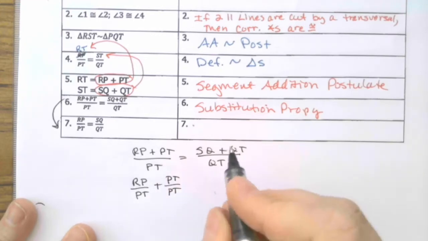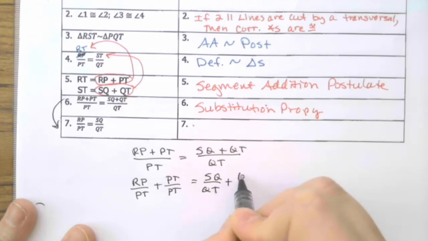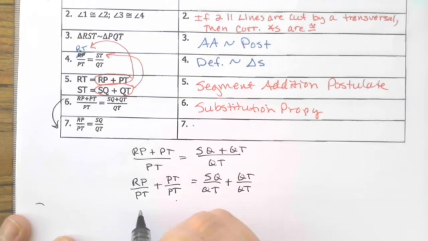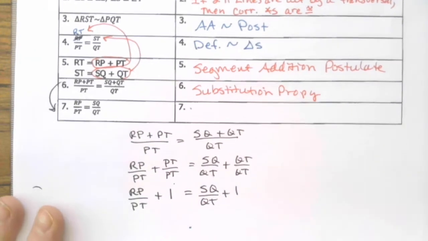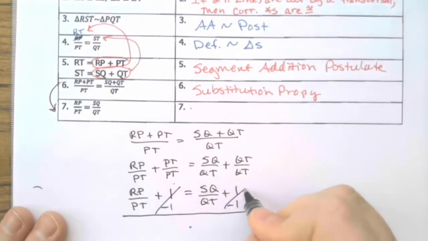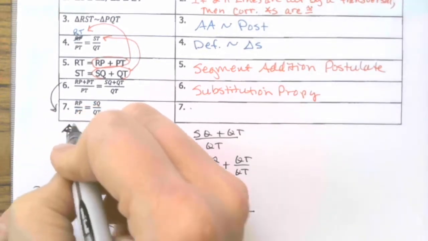I'm just splitting that fraction up. Same thing over here. SQ over QT plus QT over QT. Of course, anything over itself is 1. So I have RP over PT plus 1 equals SQ over QT plus 1. And then I can subtract over to the left, and I'm left with RP over PT equals SQ over QT, which is what we have right there.